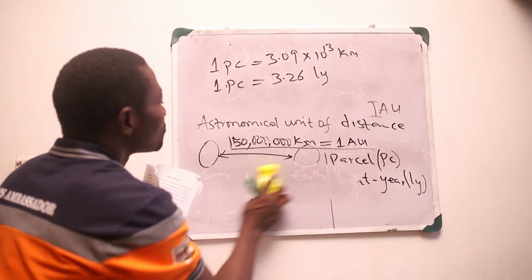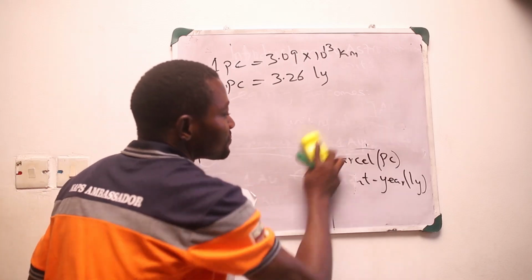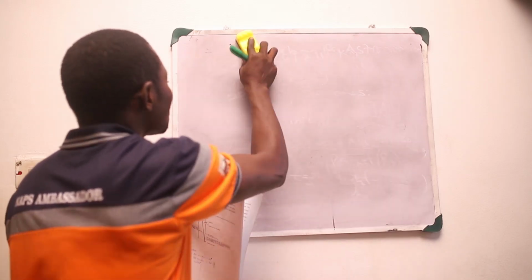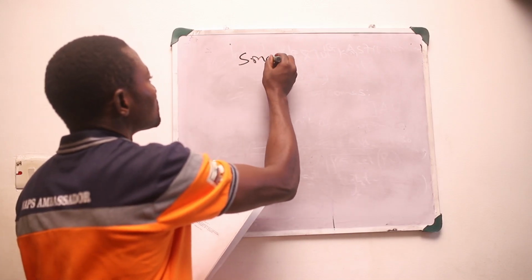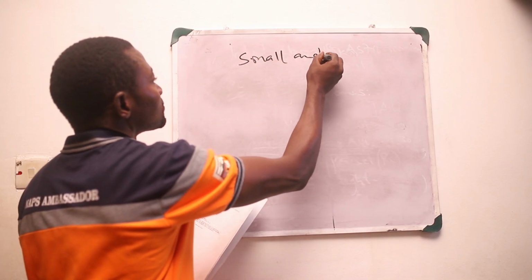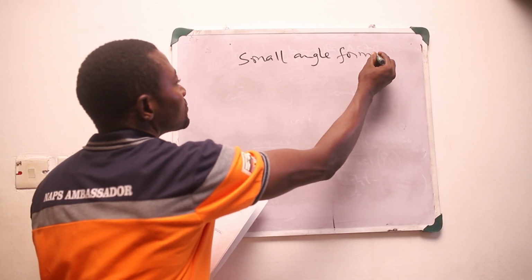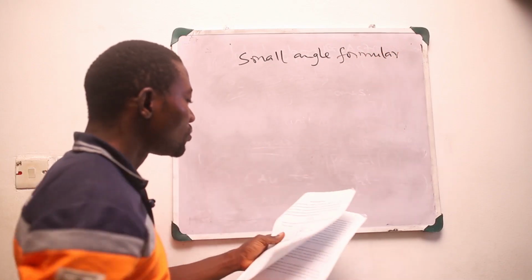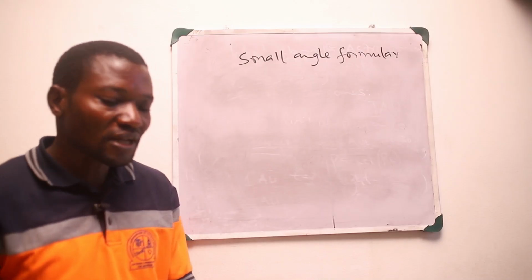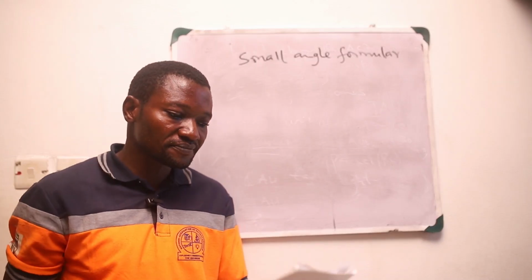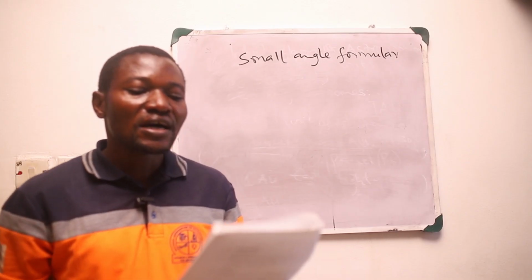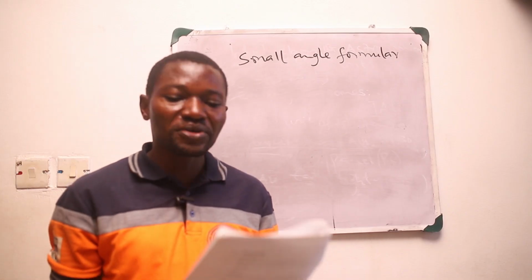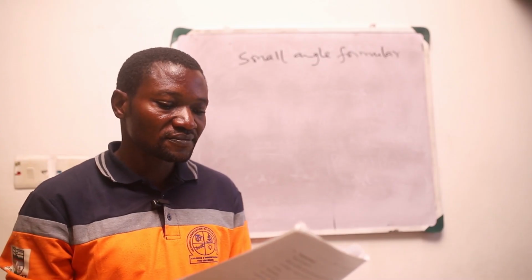The next thing we want to look at is the small angle formula. What is the small angle formula? The small angle formula indicates how the size of an object appears to change with distance.